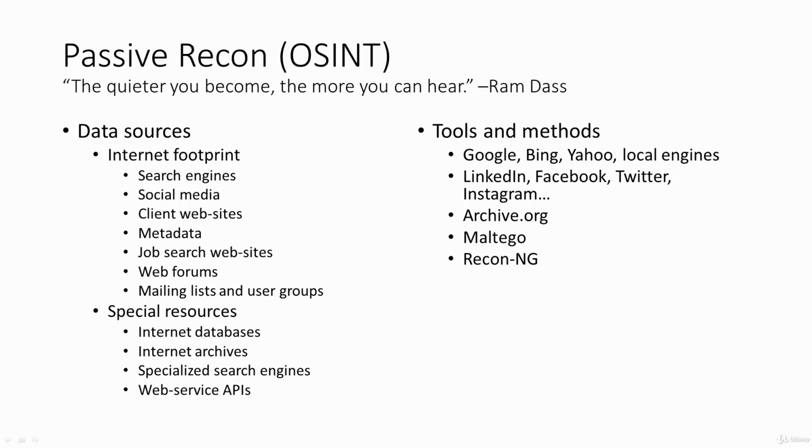Of course, there are these mailing lists and user groups and web forums where people discuss different things, sometimes related to what they do. I think now it's not very popular, but back in the day you could find all sorts of different sensitive information in mailing lists. And the bad thing about it is that without the help of people who moderate or administer them, you cannot remove anything.